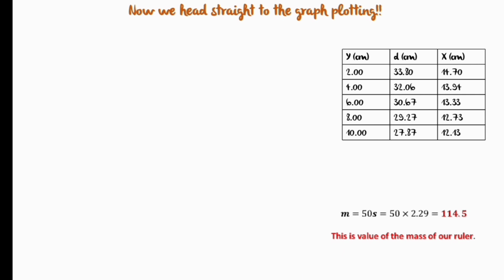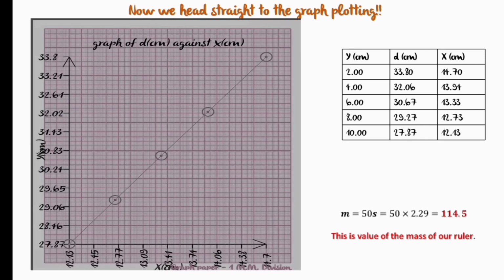Now we head straight to the graph plotting. Now we have our table of values and we have plotted our graph. So I have done my own graph plotting. You can see the title of the graph, D centimeter against X centimeter. It is very important that as you want to plot your graph, first of all, indicate the title of the graph.